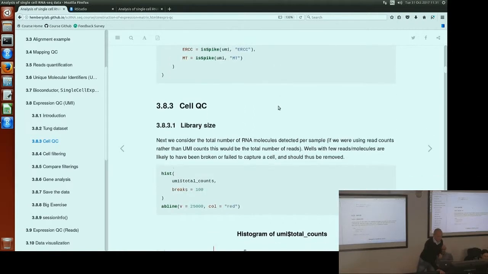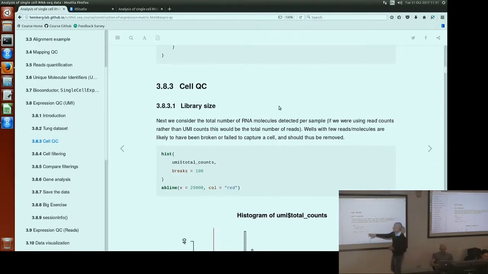One of the columns would be total counts. That function will calculate total counts per cell and will store it in the annotation matrix of your data set. And you can access it by using the $ sign.